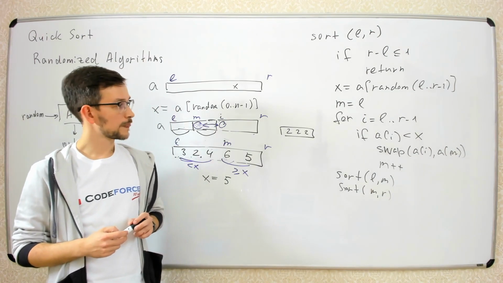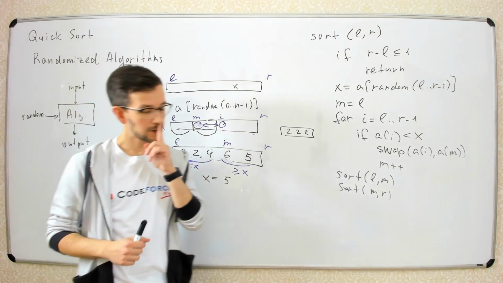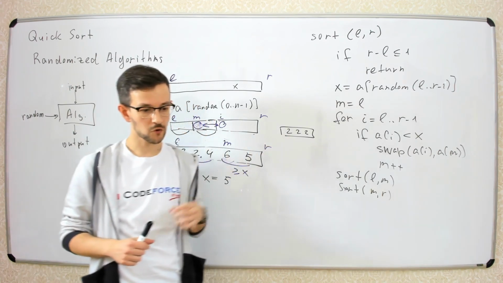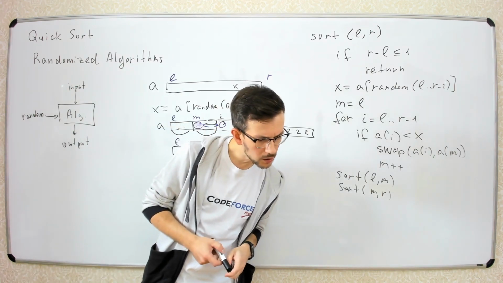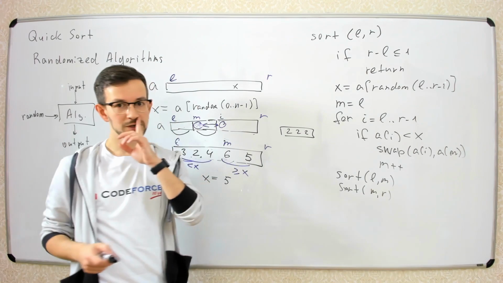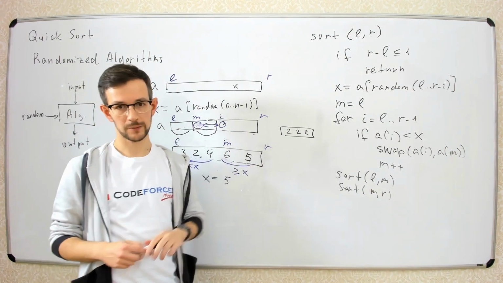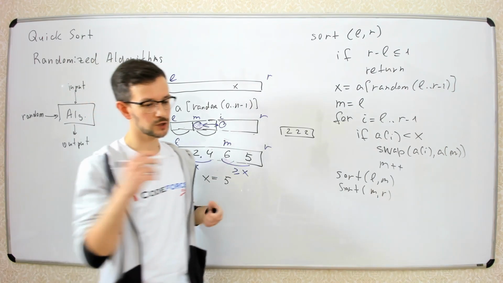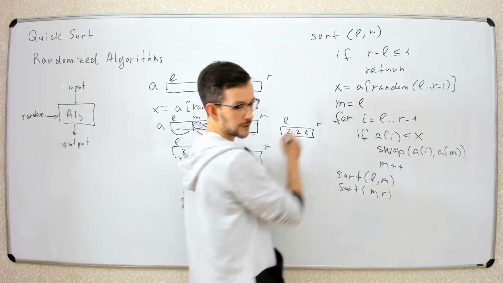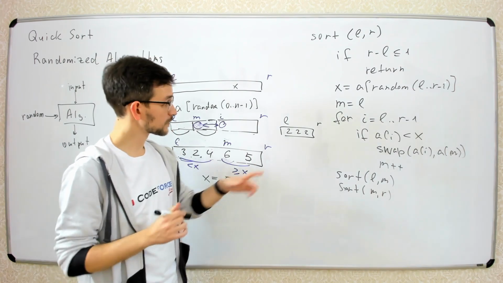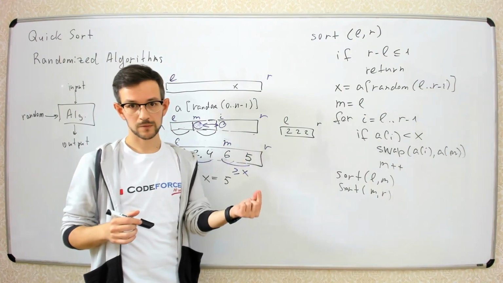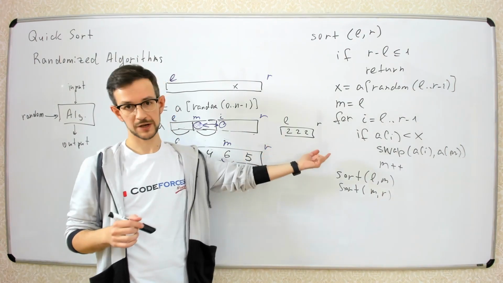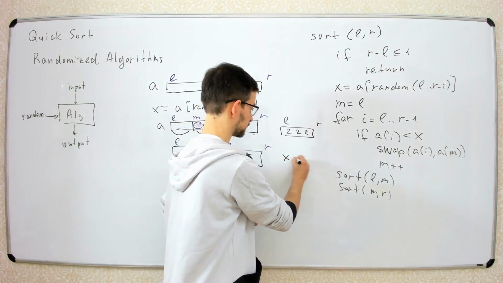Cool. So again, what is the problem? The problem is when you have several equal elements. So if you end up in the following situation, you have L here, R here. You pick a random element, all elements are equal, so you pick x equal to 2.